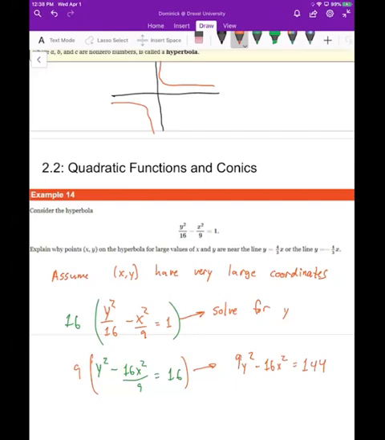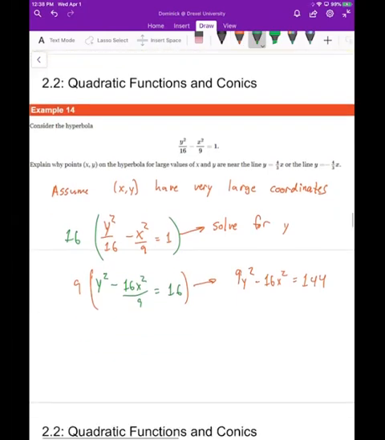Now, if x and y are large, we can ignore this 144, because that 144 is going to be very small compared to our x and y. So all that's going to survive after a while are our x and y terms.